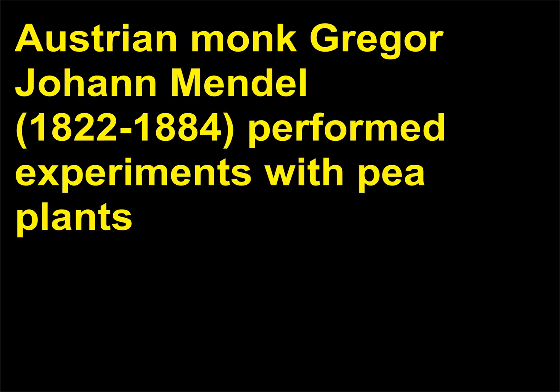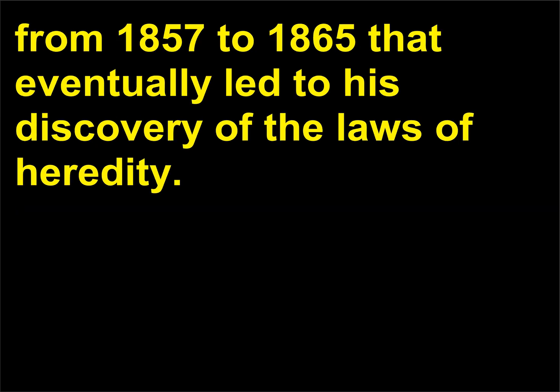Who was Gregor Mendel? Austrian monk Gregor Johann Mendel, 1822 to 1884, performed experiments with pea plants from 1857 to 1865 that eventually led to his discovery of the laws of heredity.